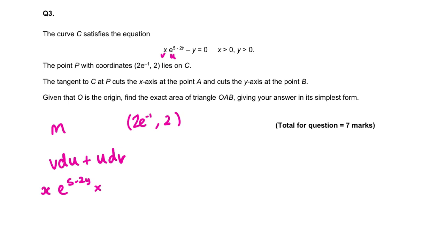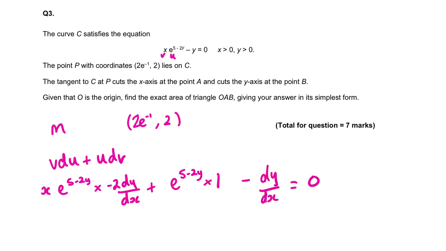If I differentiate 5 minus 2y, what do I get? Yes, minus 2 dy dx. Plus u, which is e to the 5 minus 2y, multiplied by the differential of v. v is x, so the differential of v is in fact 1. Minus y differentiated is? 1 dy dx. This equals 0.